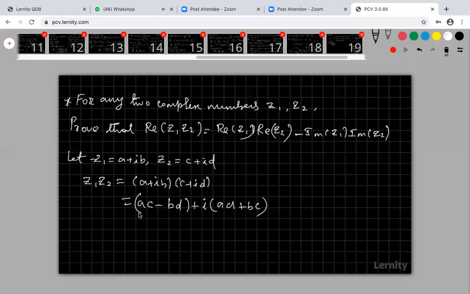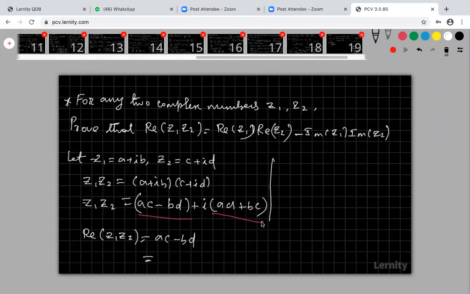Now look at that. This Z1 Z2 is again a complex number. This is the real part of Z1 Z2, and this is the imaginary part of Z1 Z2. The real part of Z1 Z2 is AC minus BD.